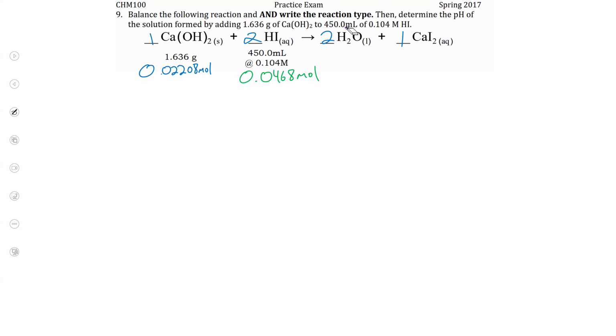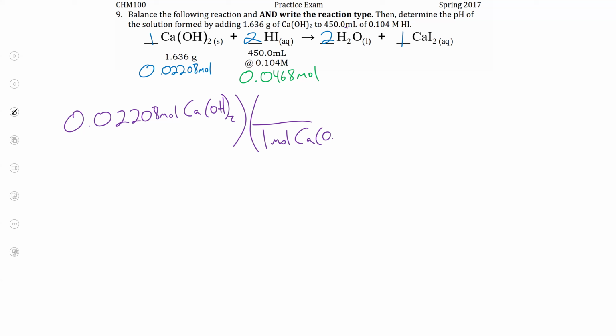So if you think you know what the limiting reactant is, start from there. Say, okay, 0.02208 moles calcium hydroxide. And for every 1 mole calcium hydroxide, that's 2 moles HI used.